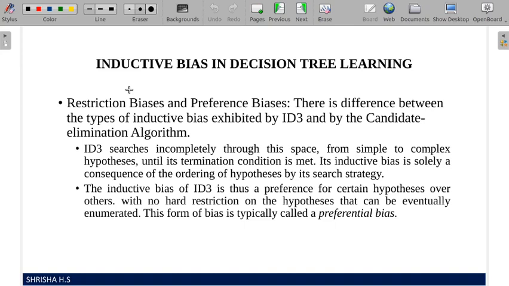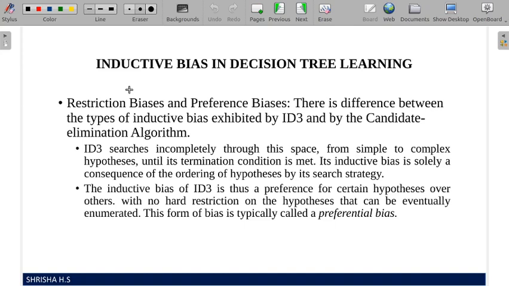So inductive bias is solely a consequence of the ordering of hypotheses by the search strategy. Suppose you have 10 hypotheses, and the second hypothesis favors ID3, having its characteristics. Then we stop at the second hypothesis, and we don't have to keep searching the hypothesis space.